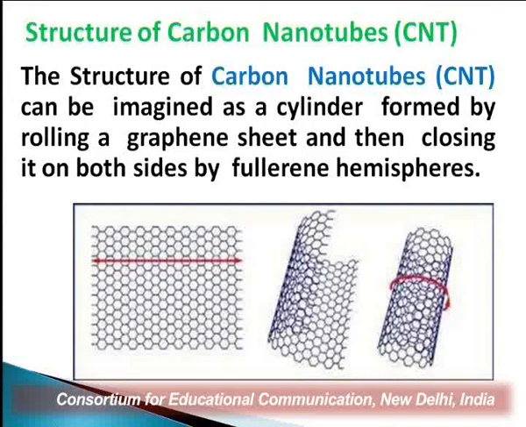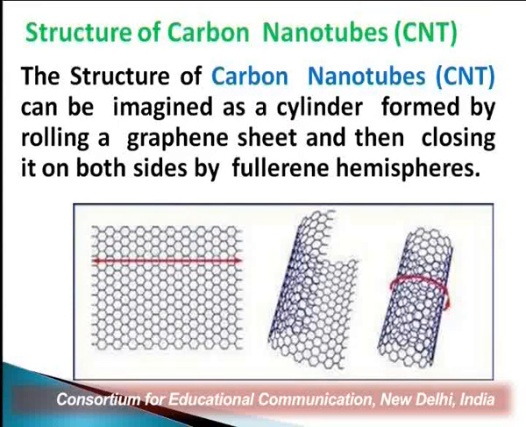The structure of carbon nanotubes can be imagined as a cylindrical form made by rolling the graphene sheet, and then closing both sides with fullerene hemispheres that form the closed nanotube. But here on the screen we have the open nanotubes which are not closed with the hemispheres of the fullerene.